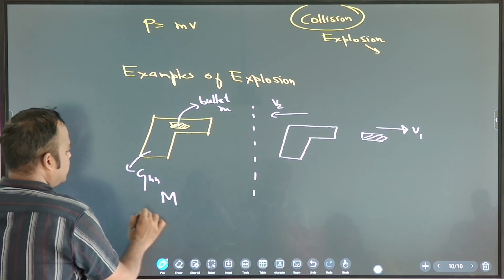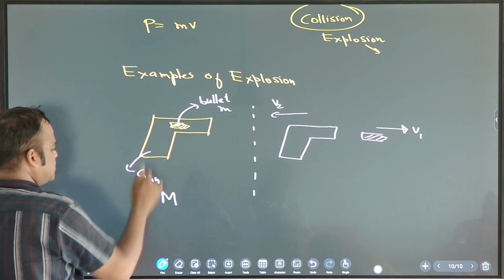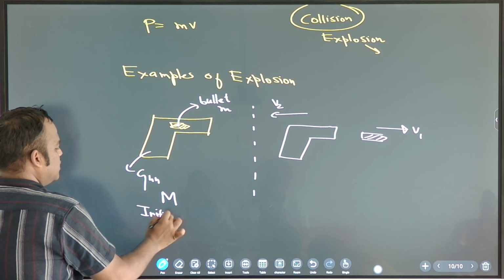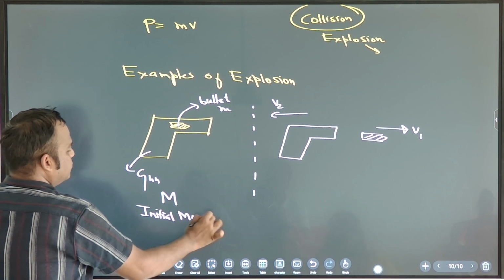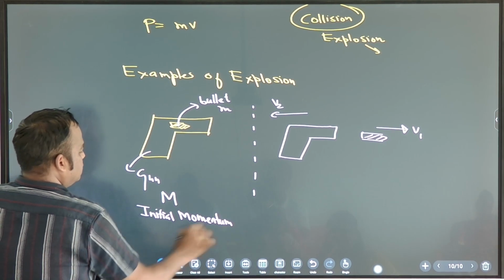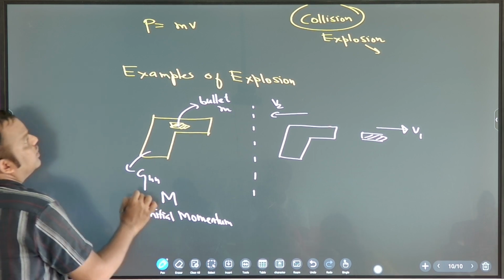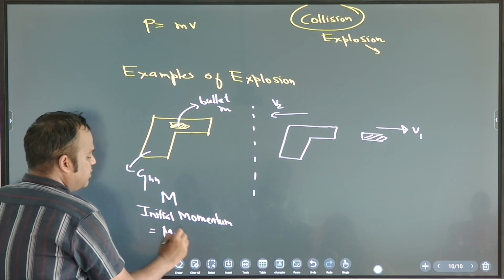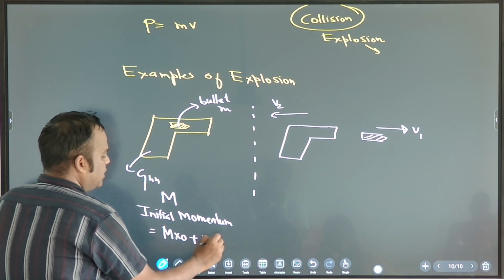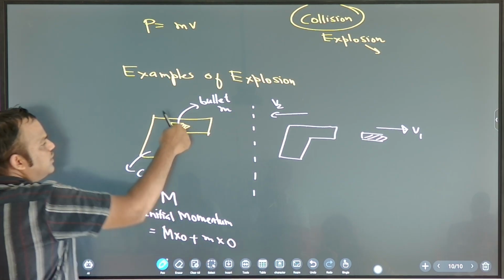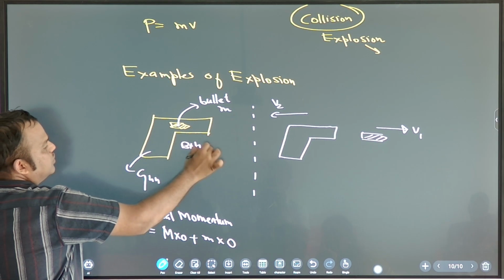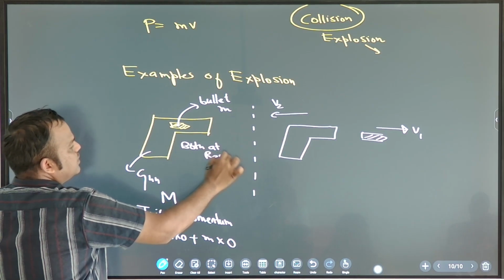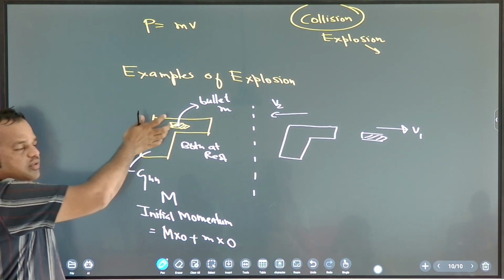So what is the initial momentum when it is at rest? What is the formula for momentum? Mass into velocity. So what is the initial momentum? Capital M into 0 plus small m into 0. Both are at rest. Now some chemical reaction is going on, a chemical explosion.